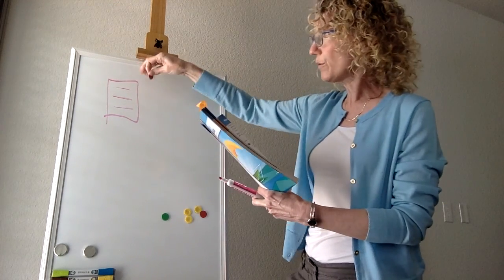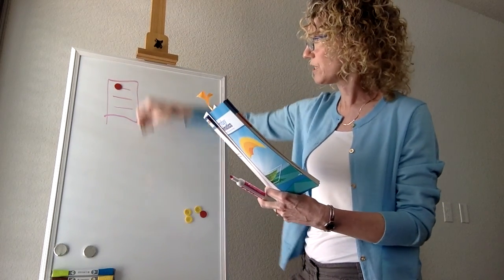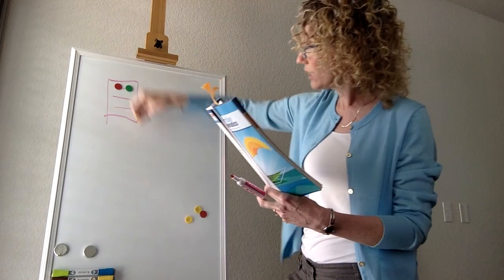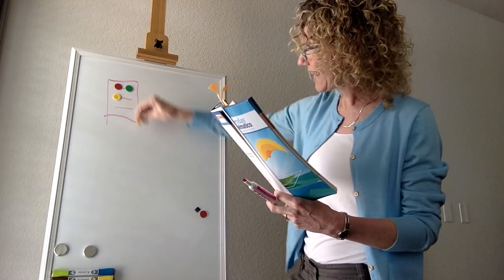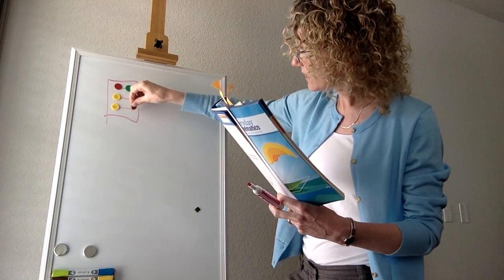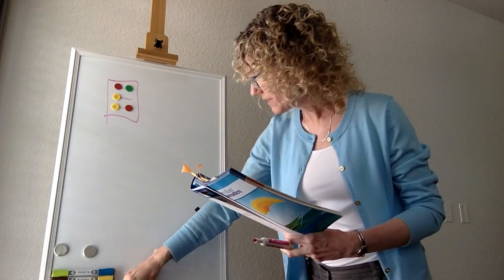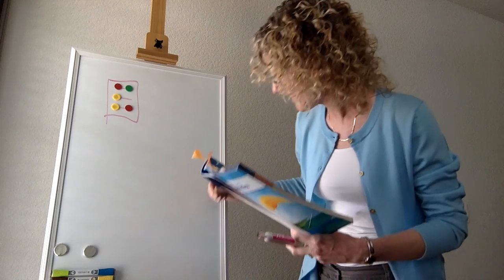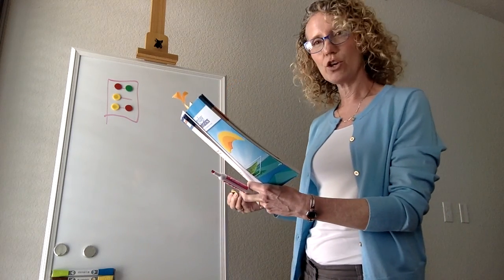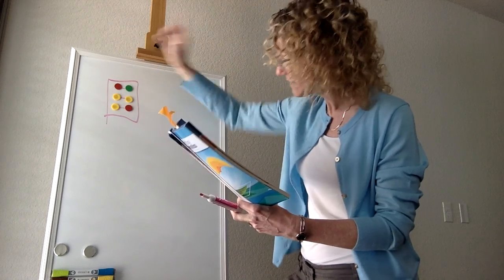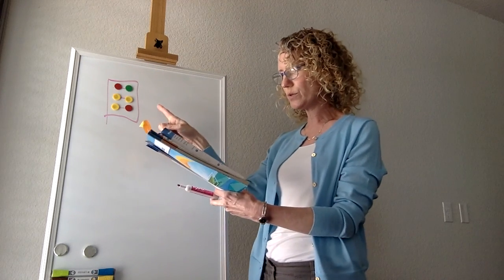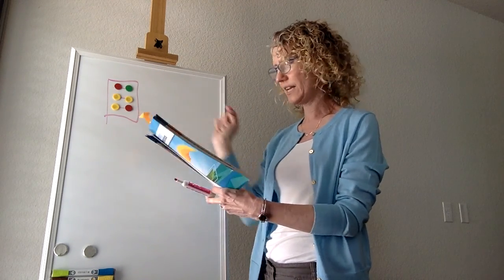And 3 rows of 2 pictures. That means we put 2 pictures in each row. And now you can see how the manipulatives kind of help you in this. They help you get a good mental image of what's happening. Let's see if this one will stick now. Yes. Okay. 3 rows of 2 pictures on each page.